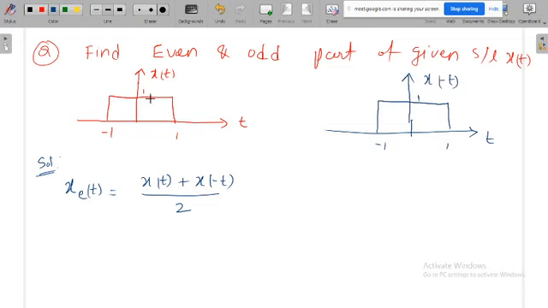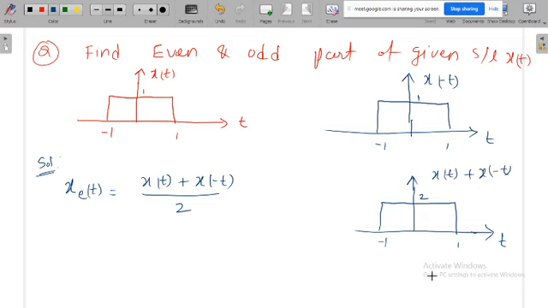Now what will happen if you add both signals? You will get x of t plus x of minus t, with an amplitude of 2, and the duration is the same. Now what will happen if you divide by 2?